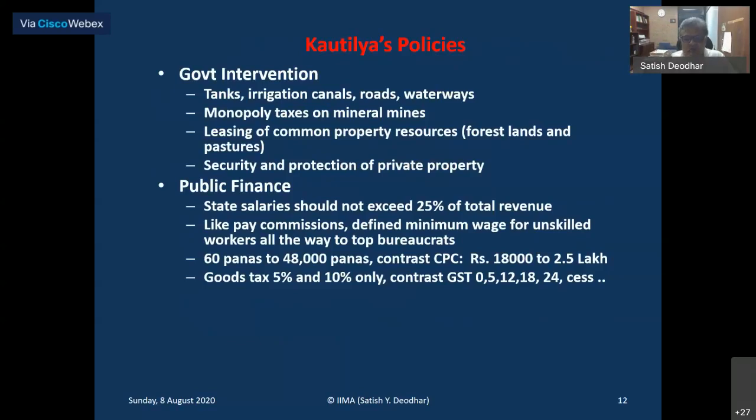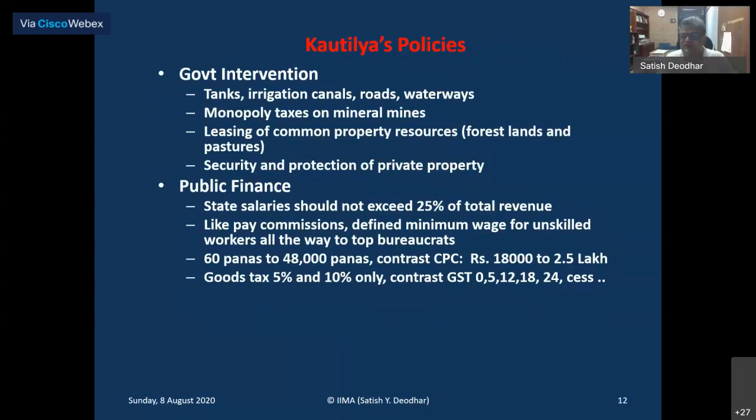He talks about it, and that range he gives is from 16 panas to 48 panas. So look at this range; it's almost 800 times the range, right? Contrast this to the central pay commissions. The minimum salary in the latest central pay commission is 18,000 rupees for a driver in the central government.